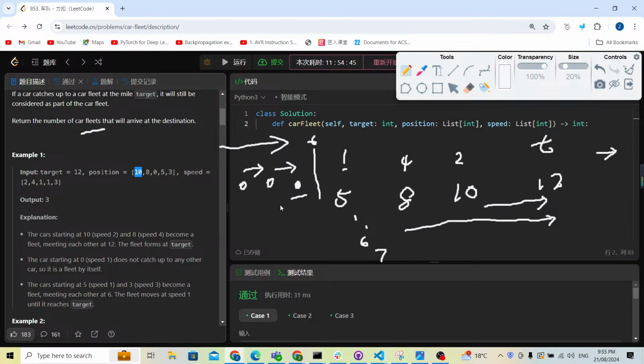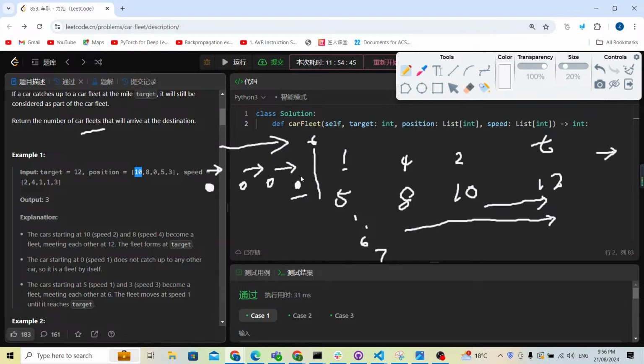But what if there is another car, and we don't know the speed of the third car? At some point those two cars will be merged at this position and become a fleet.